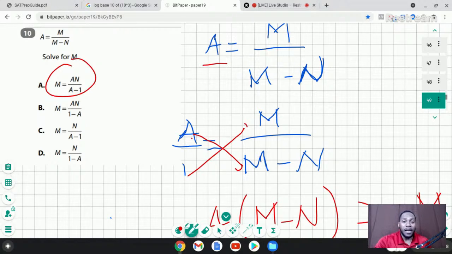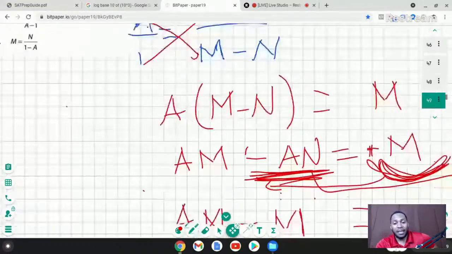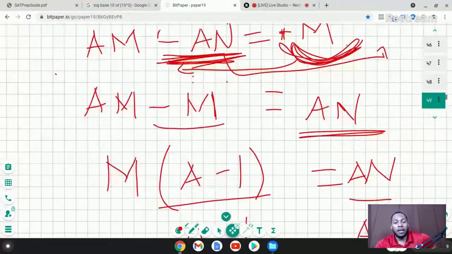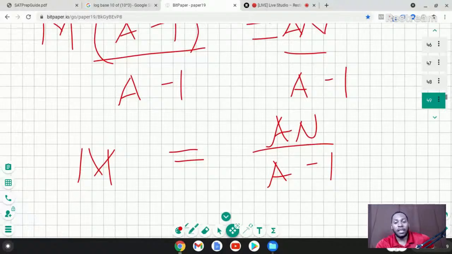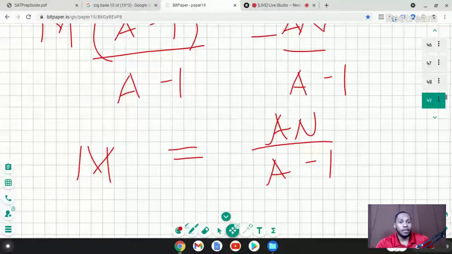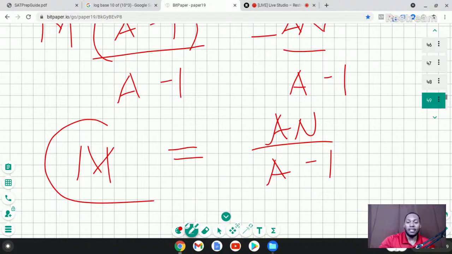So what I did is I cross multiplied. I multiplied the m by 1 here, and I multiplied the a by m minus n. After that, I distribute and isolate m, and then I solve for m, which is an divided by a minus 1.